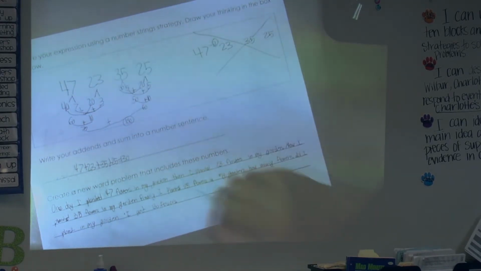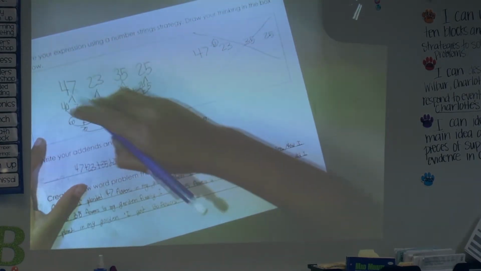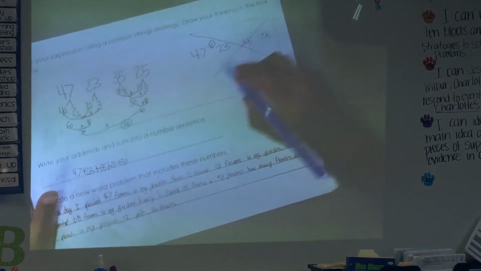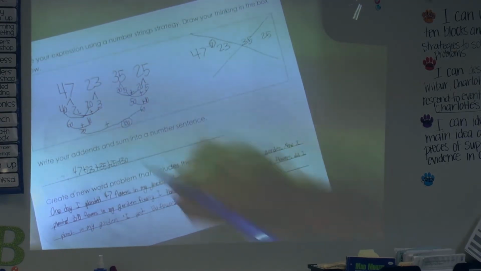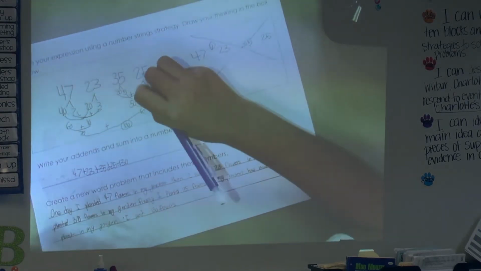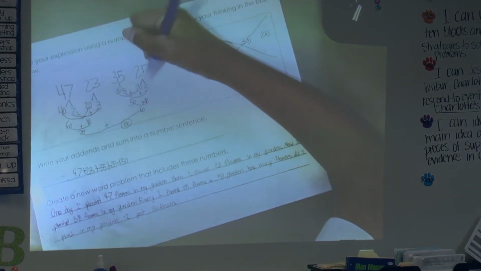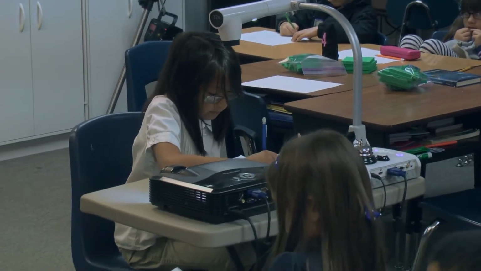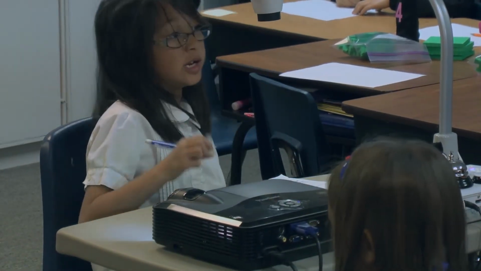I was done with this one because 70 was my answer for this one. And so 35 plus 25, I split the 35 into a 30 and a 5, and the 25 into a 20 and a 5, and then I know that 5 plus 5 equals 10, and then 30 plus 20 equals 50, and then 50 plus 10 equals 60, 60 plus 70 equals 130.